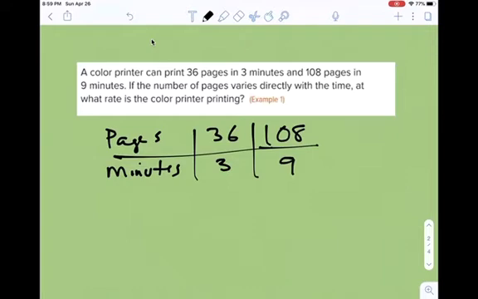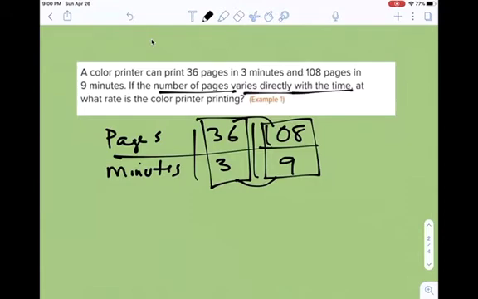You can do this a number of ways. You could figure out your constant rate of change, or because this is a proportional thing, we can do our division problem to figure out the rate and make sure it's consistent between the two. It says the number of pages varies directly with the time, so it's always y over x.